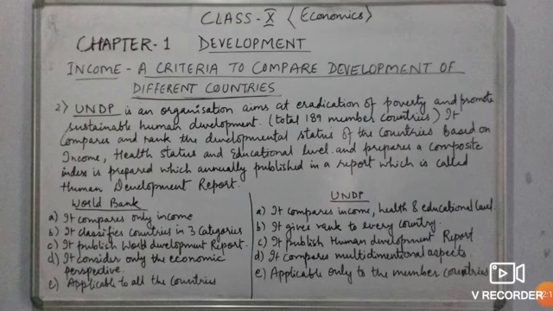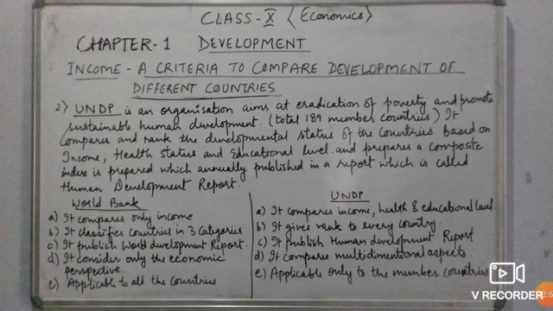Means judging the living standard of the people by judging their income, health status, and educational level. The Human Development Index is prepared by the UNDP, and it is published in its annual report in the form of the Human Development Report. So these are two international organizations working in judging the development of different nations.